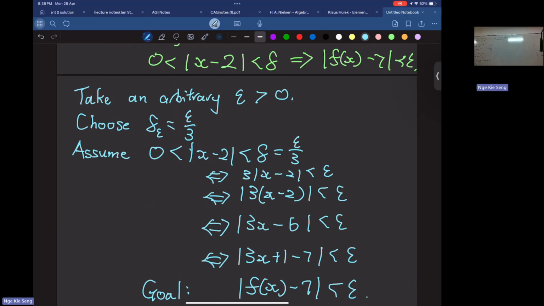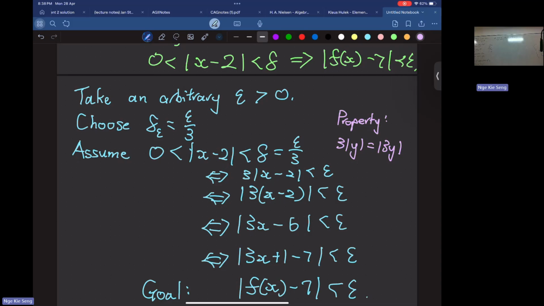Can I put it in? Why? Oh, 3 is positive. Okay. There's a property you need to use here. So 3 times absolute value of some y should equal the absolute value of 3 times y.